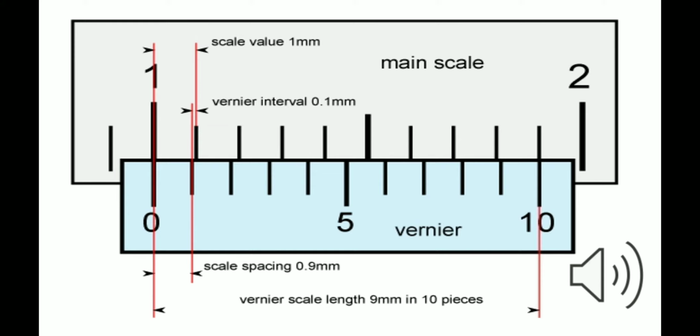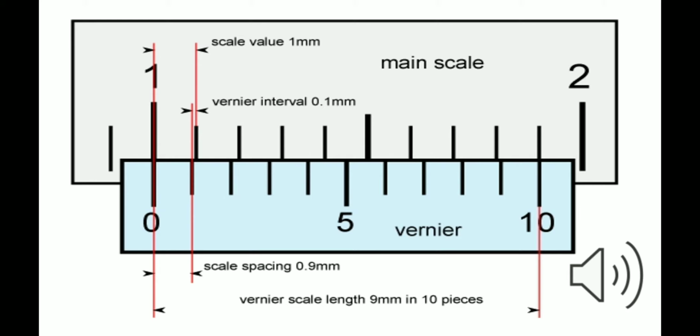And the second division of the vernier is slightly before the second division of the main scale, that is 0.1 millimeter. Then the next one on the vernier is slightly even more before the 2 millimeter mark.